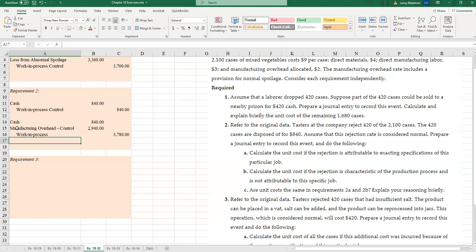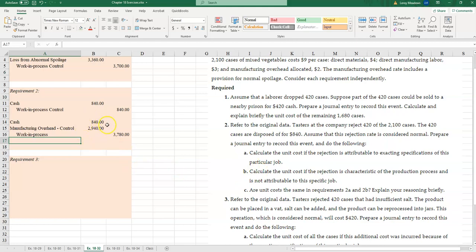We talked about in our chapter that the estimated manufacturing overhead amount builds in normal spoilage. So we do not have to charge the job that. Why? Because it's already being charged to manufacturing overhead. So my cost per unit of the remaining 1,680 is going to be the same, $9 per unit. Why?